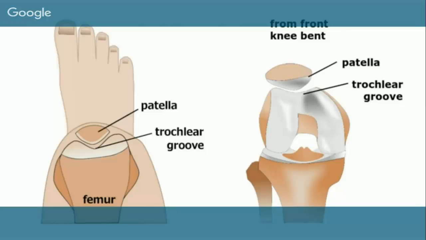So does it usually start with a catastrophic event like that? Yeah, normally it starts with a catastrophic event, and in most cases there's no contact. They're just doing a twisting activity, and suddenly the kneecap falls out.